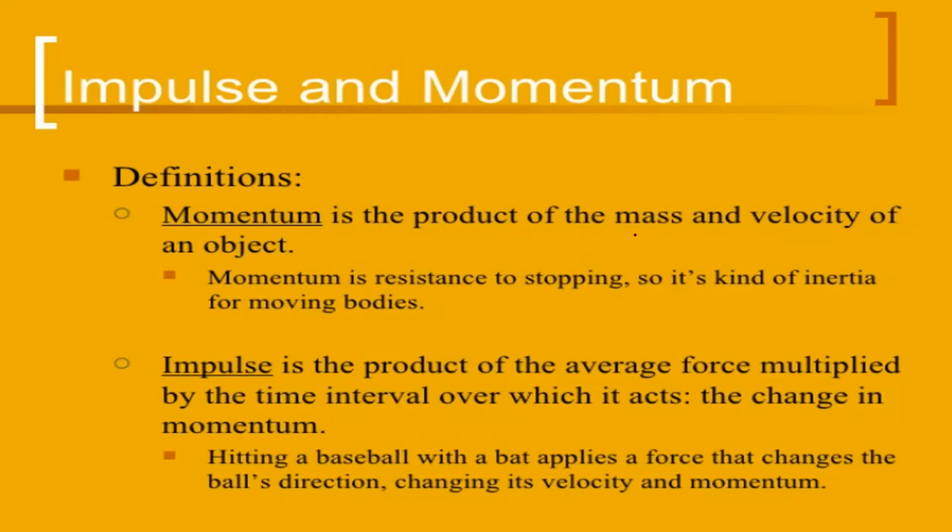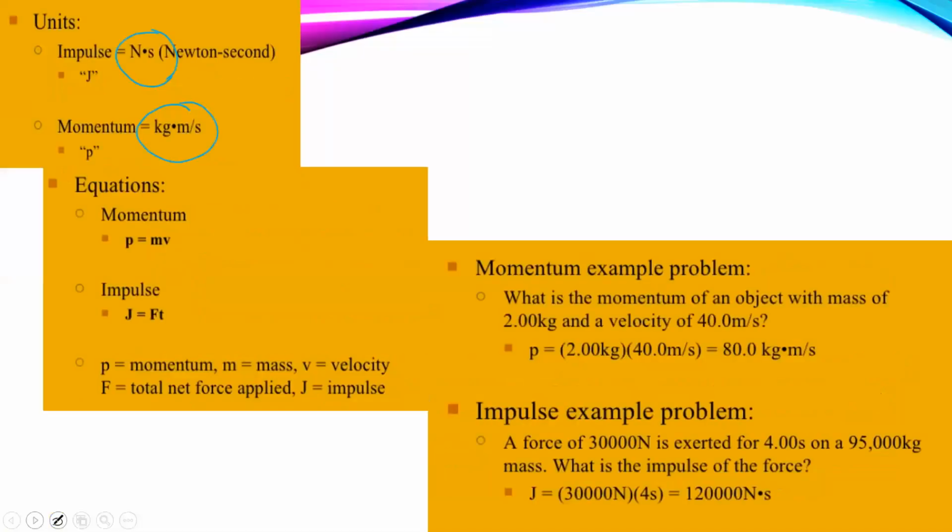Impulse is a change of momentum. Momentum is mass times velocity. Impulse is force times t, or m times delta v. Impulse, its unit is Newton second. Momentum, its unit is kilogram meter per second. Momentum, its formula is m times v. Impulse, its formula is F times t, force times time.